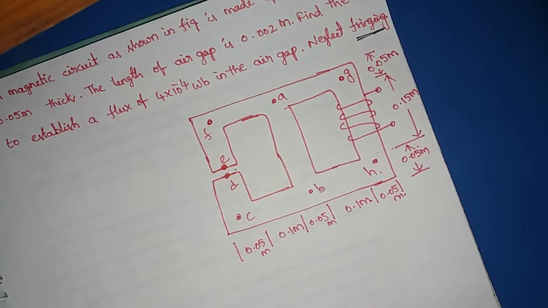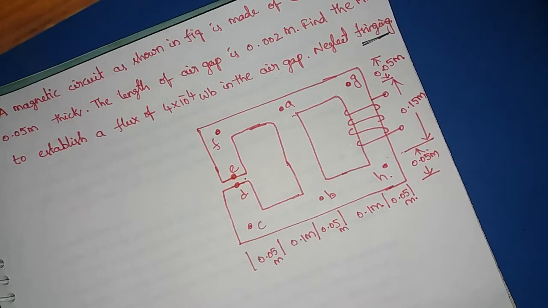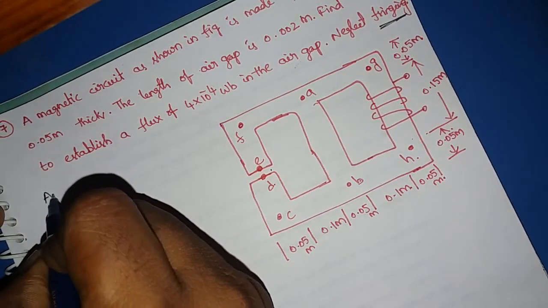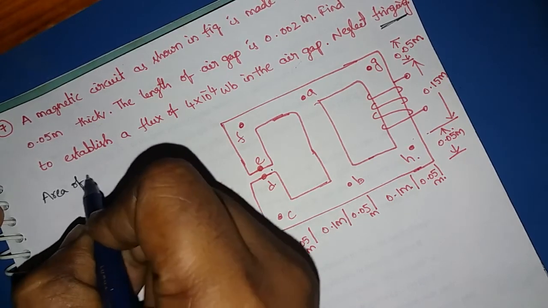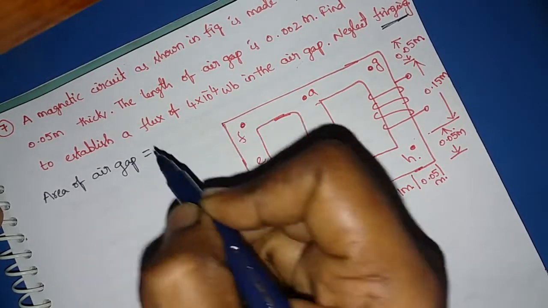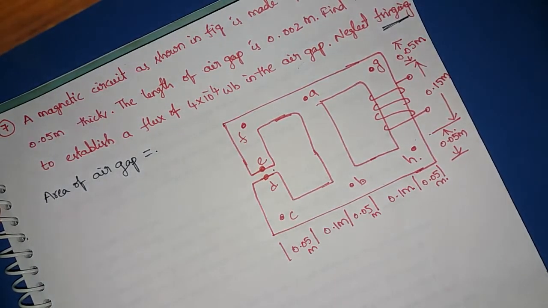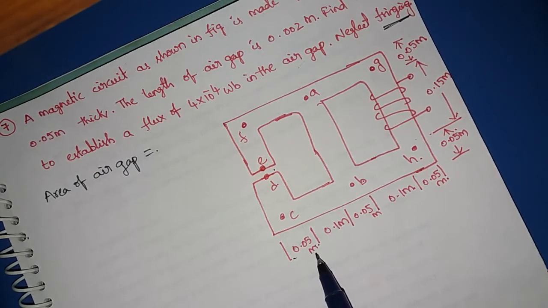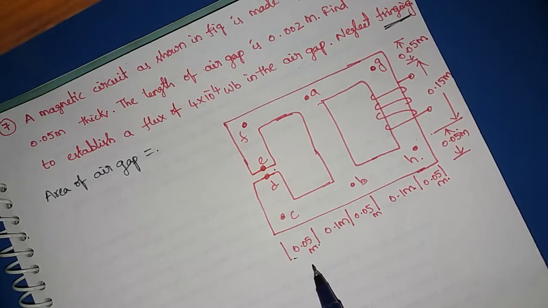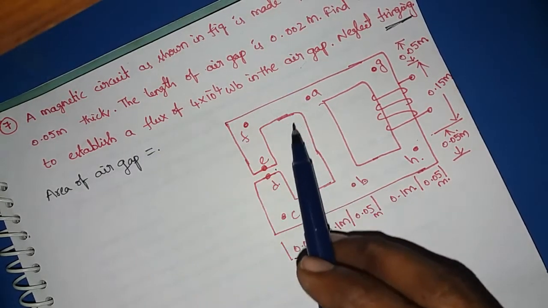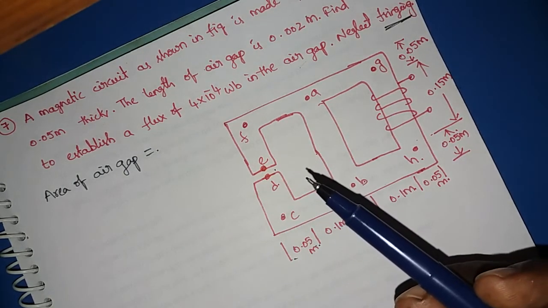Yes, from this problem, first we need to calculate what is the area of the air gap. So what is the area of the air gap? This distance is 0.05 meters, and the length of the air gap is 0.002 meters.